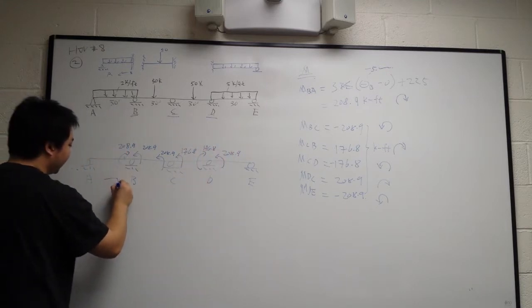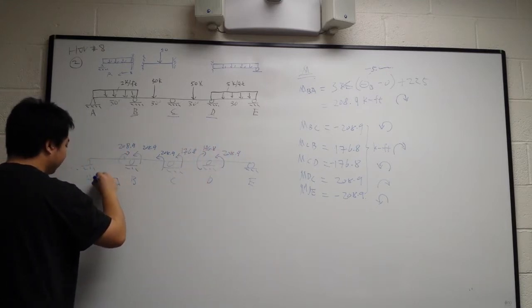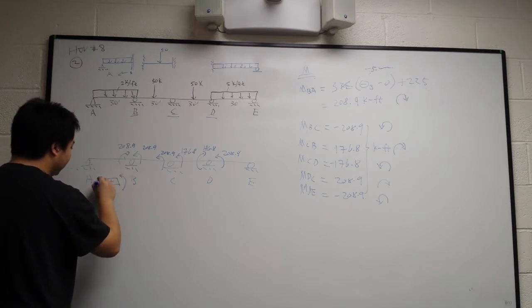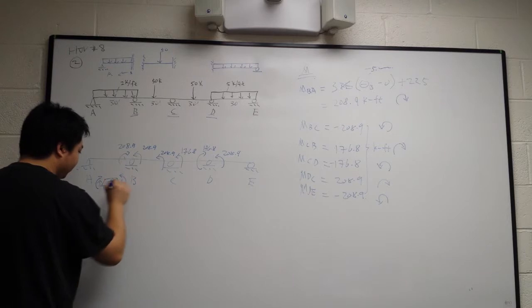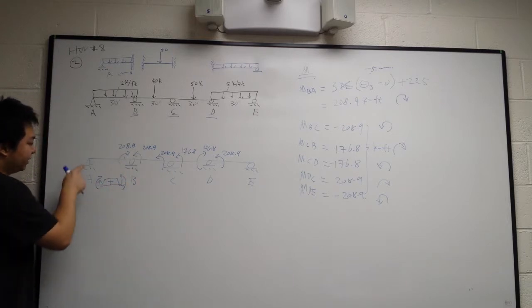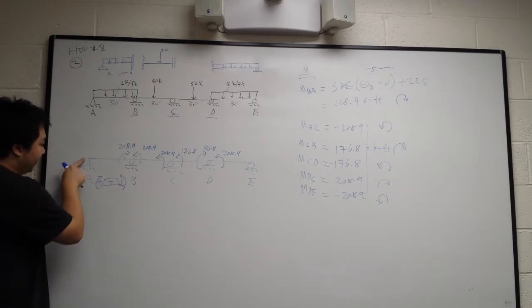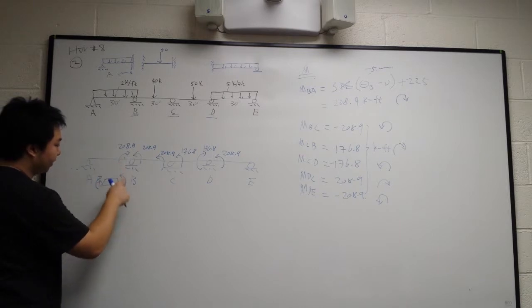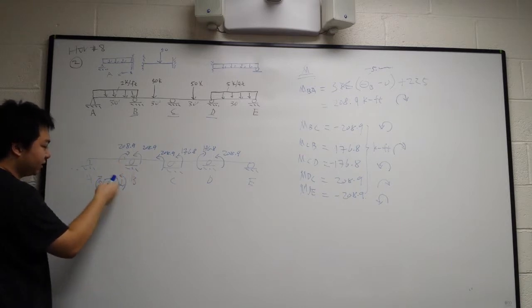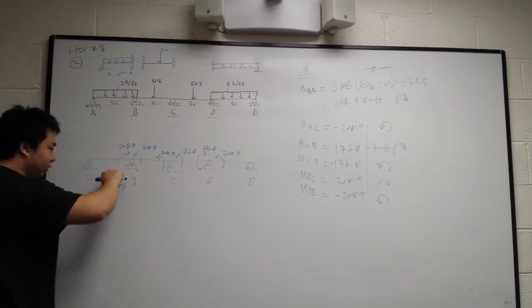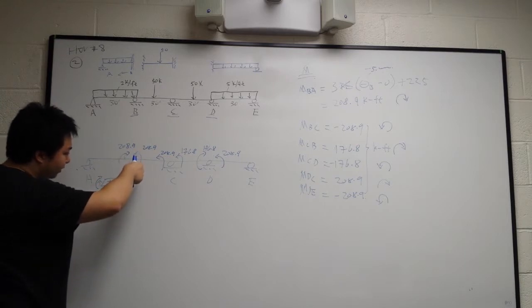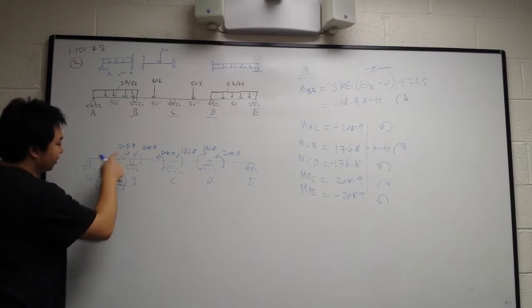Now do the sign convention. Positive, positive, positive, positive, positive. A is 0 because it's a pin. So for this one, this way is positive because this is positive, this is positive. This one is turning this way and that one is turning that way. So they counteract, so this is negative.